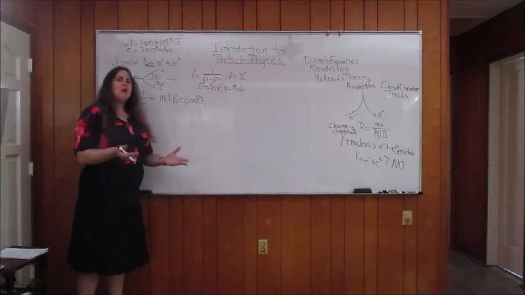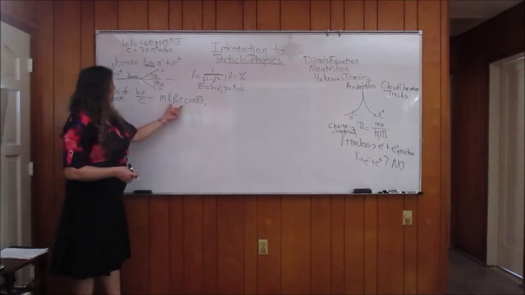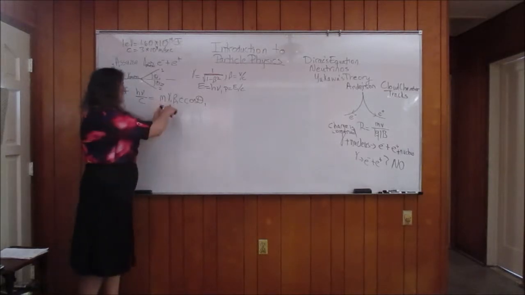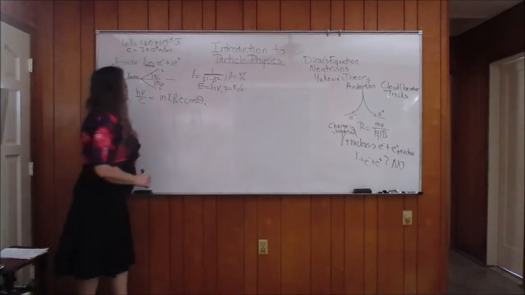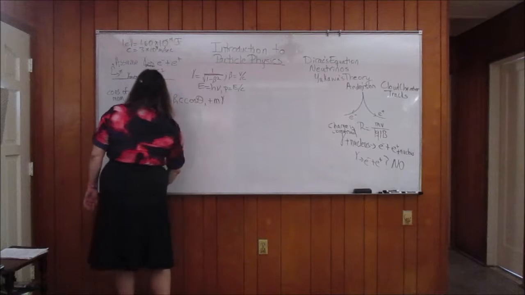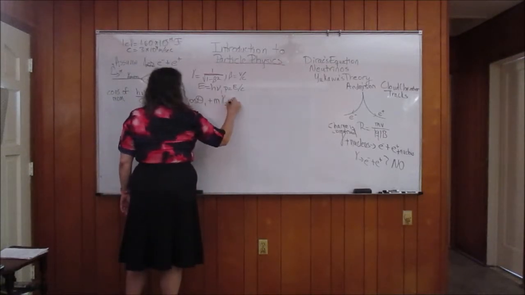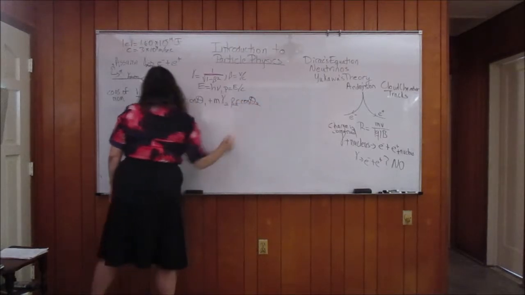Remember, momentum is just equal to mass times velocity, resolved into the x component. So that's mass times gamma 1 times beta 1 times the speed of light, c cosine theta 1, plus mass gamma 2 beta 2 c cosine theta 2.